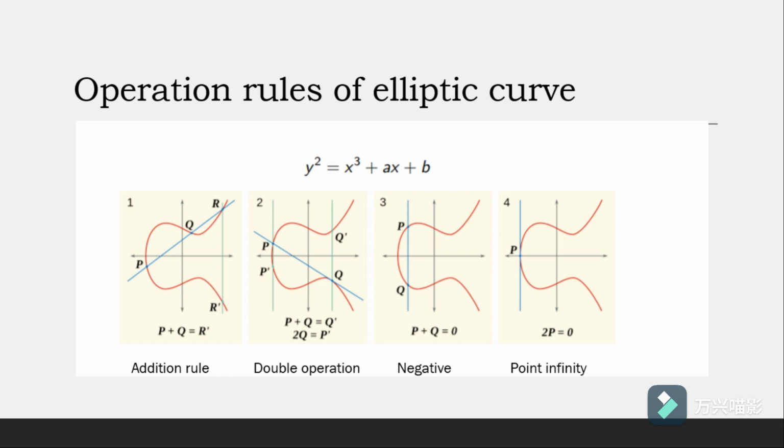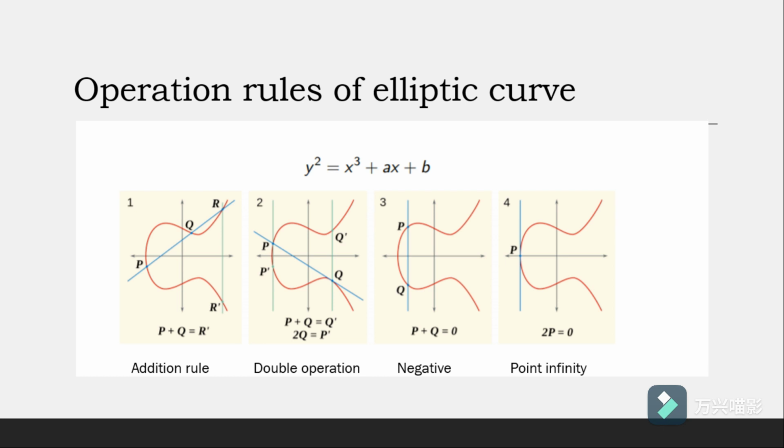Okay, now we talk about the operation rules of elliptic curves. This is a picture from the professor's slide. It describes the following relationship between the straight line and the curve.